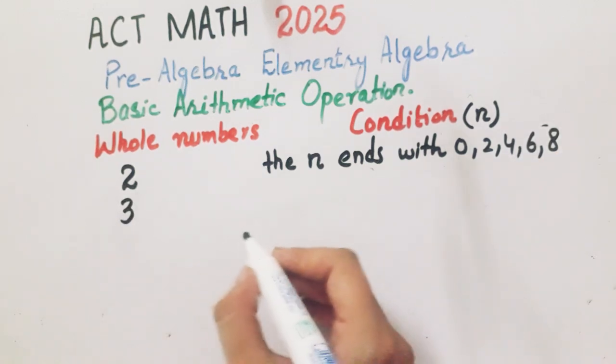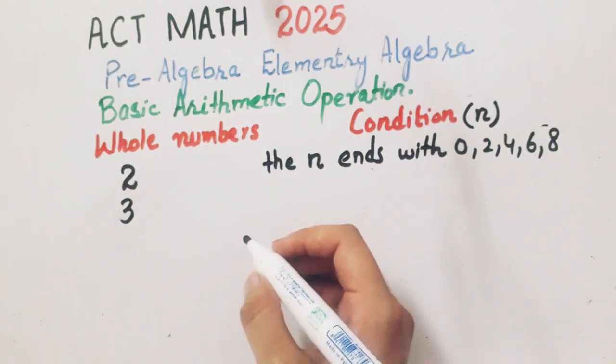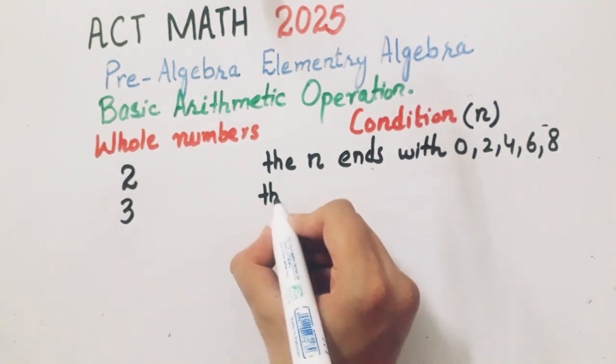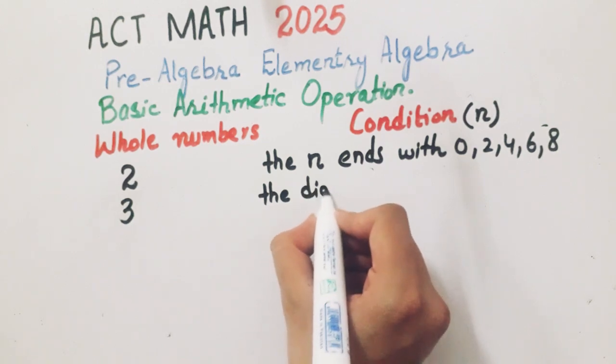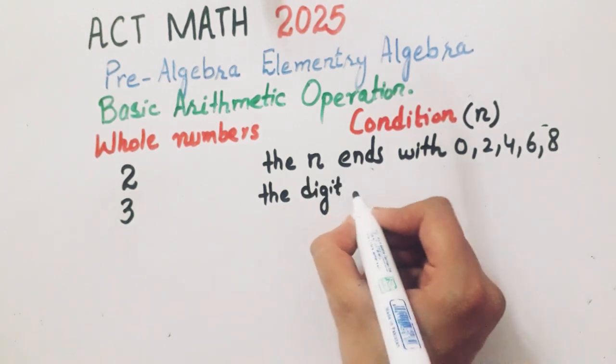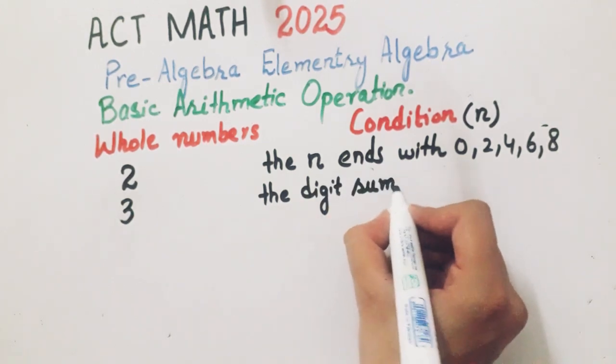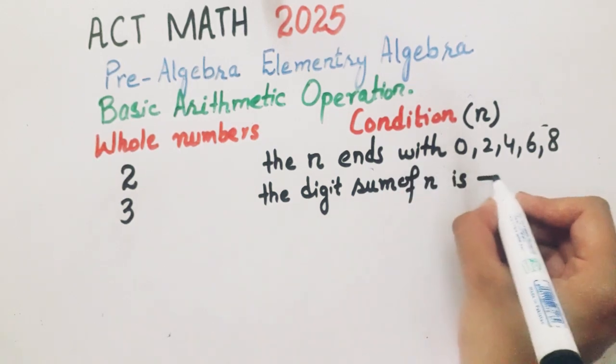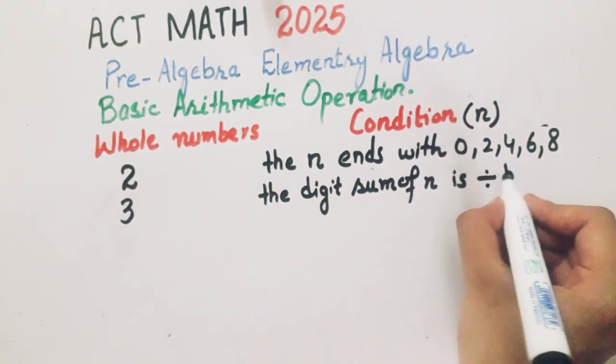Now for whole number 3, n is divisible by 3 if the digit sum of n is divisible by 3.